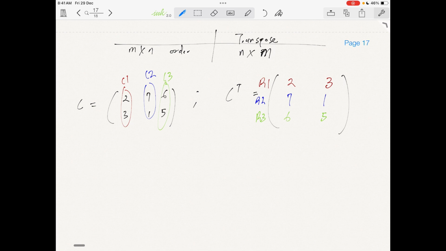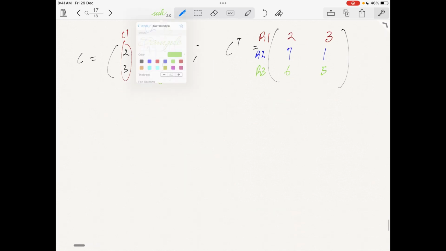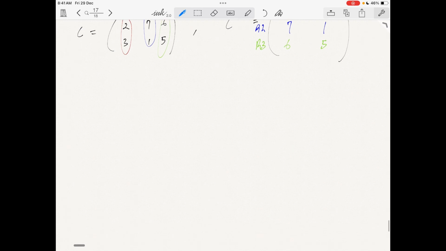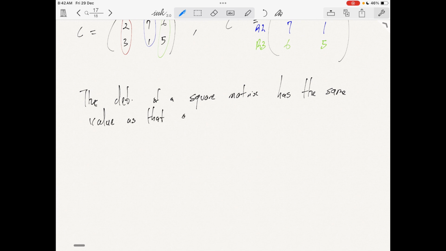And there is a very particular thing about transpose: the determinant of a square matrix has the same value as the determinant of the transpose matrix.